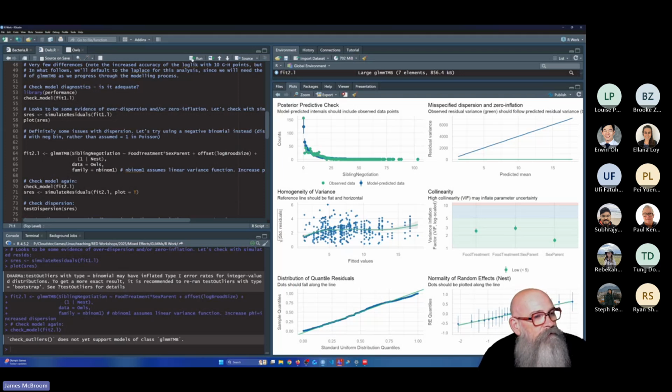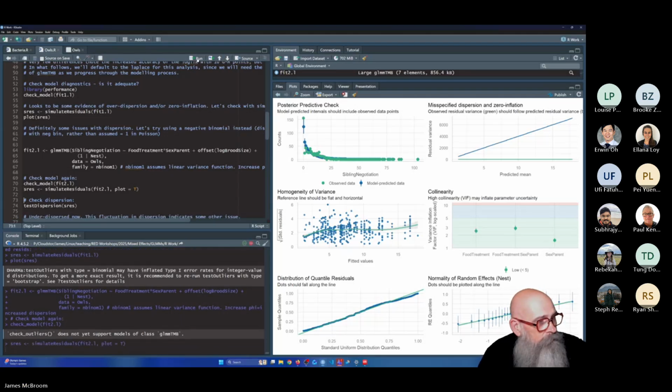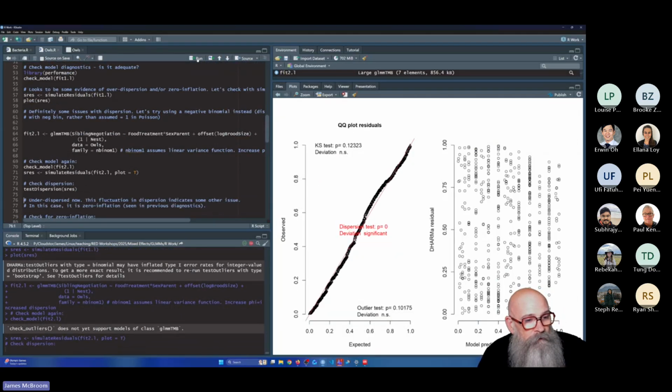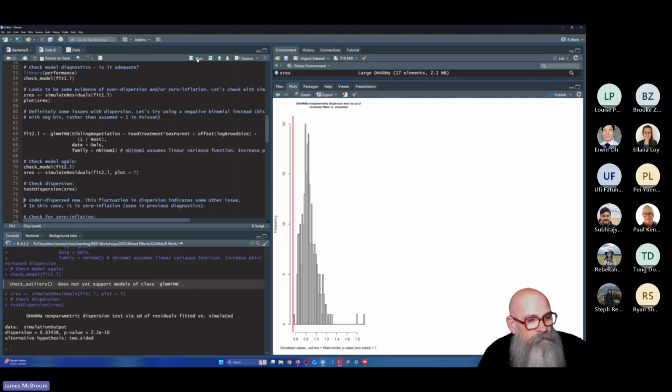We can also check the DHARMa simulated residuals. Okay, there they are. That looks a lot better. And we can test the dispersion as well. Now, you may say that we've gone too far and now we might have under dispersion, but when the dispersion is flicking around like this, it's generally an indication something else is going on. Usually that something else is zero inflation when it's count data.